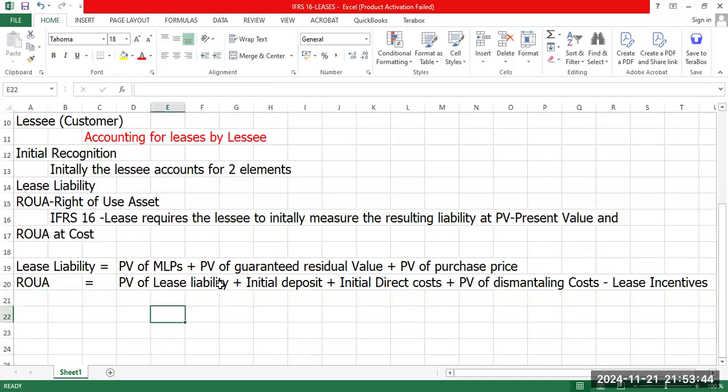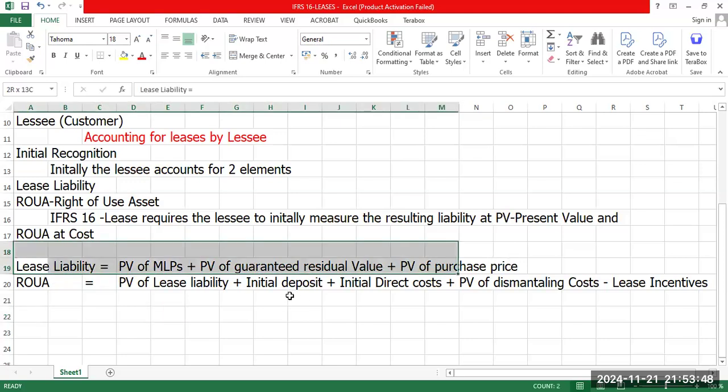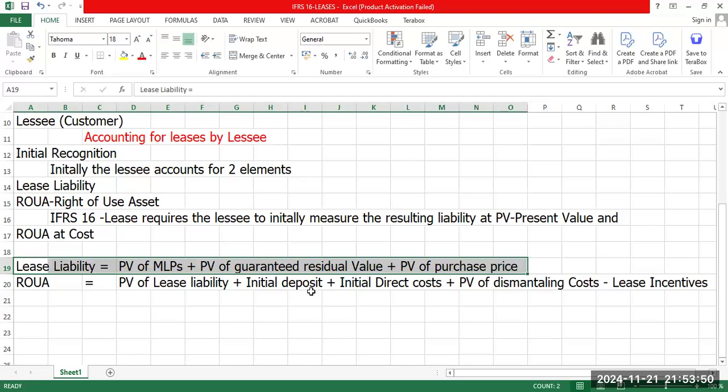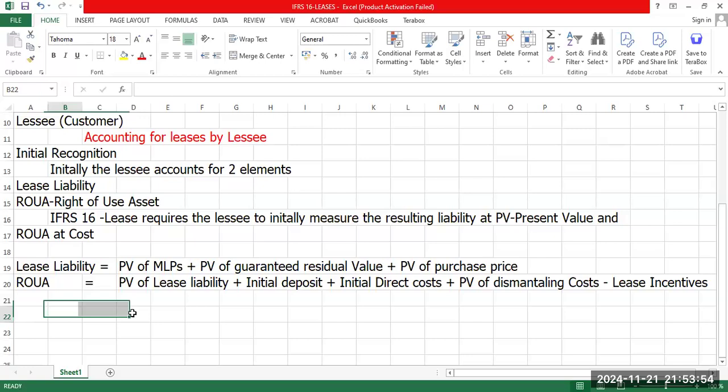Present value of this liability, this is what you have above. Then initial deposit, what could be initial deposit here? Here this may be a prepayment made by the lessee to the lessor at the commencement of the lease.